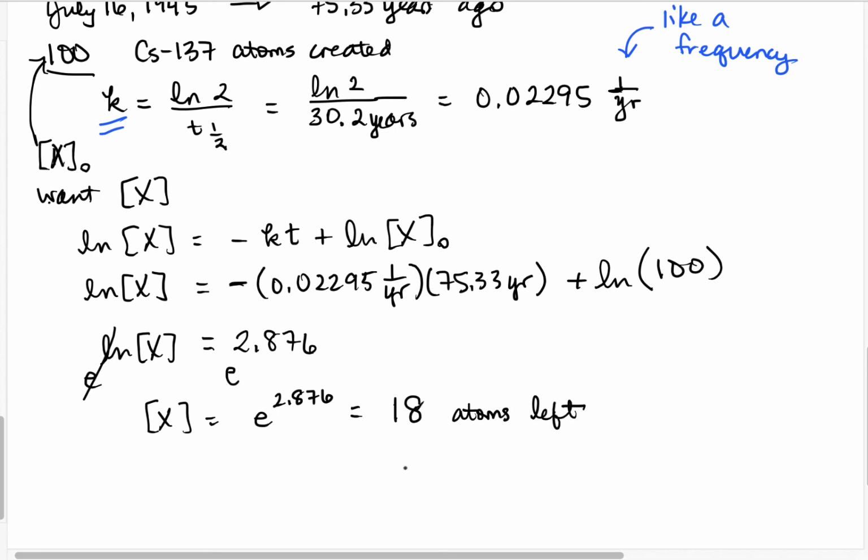So please do remember to just round to the nearest whole atom if we're talking about whole atoms. If we're just talking about percentages or something like that, then you could keep 17.7, whatever. But since I started with 100 actual atoms, we were going to round that.